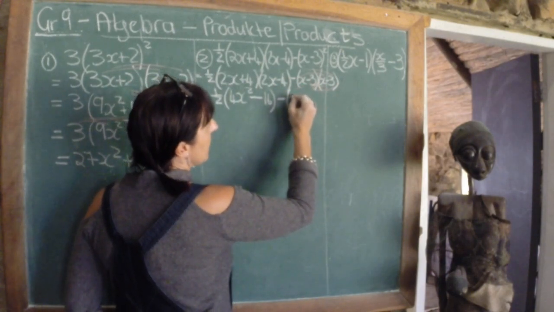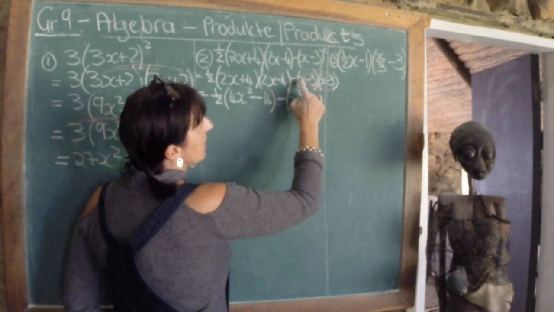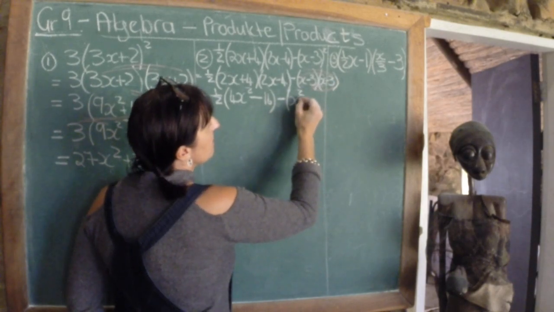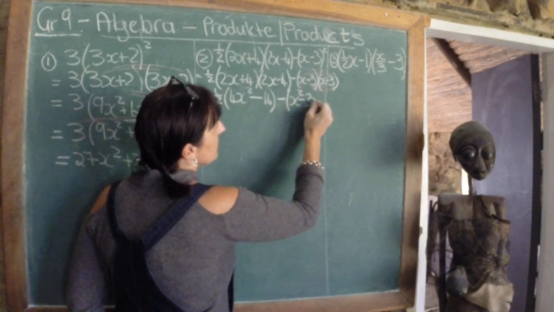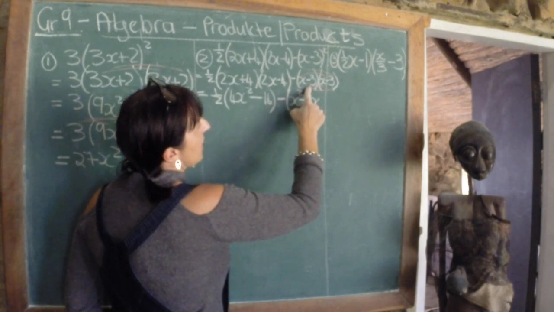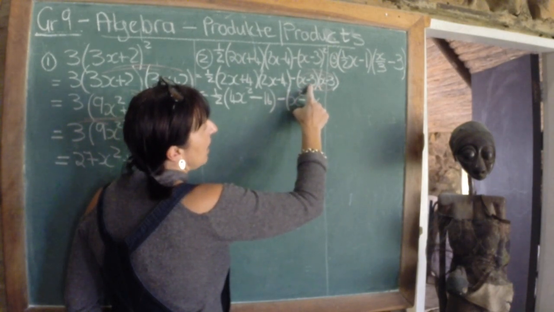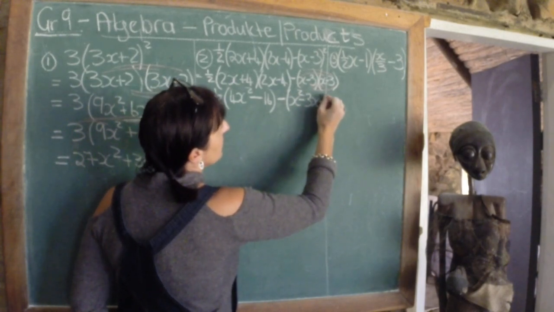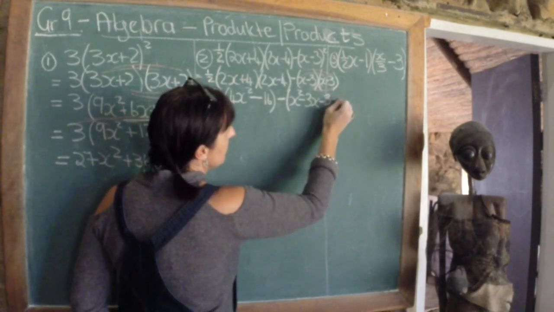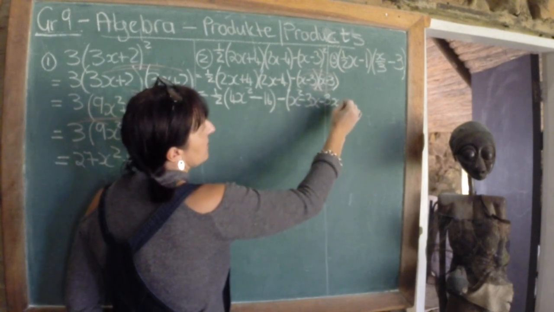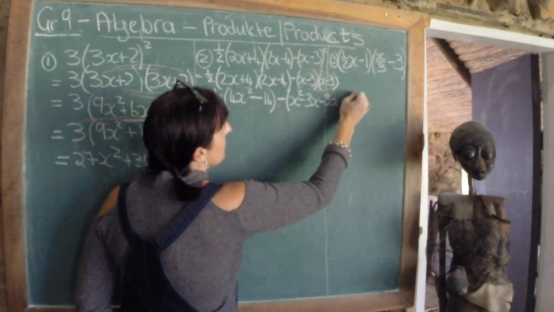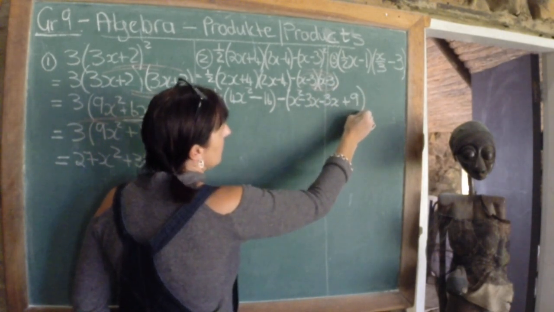X maal x is x kwadraat. X maal minus 3 is minus 3x. Then we've got the second one, minus 3 times x, minus 3x again. And a minus times a minus gives a plus. 3 times 3 gives me 9.